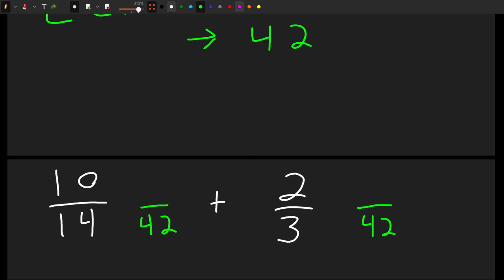Well, this number is 3, so then 10 times 3 is 30. And then what number do I multiply 3 by to get to 42? And that's 14. And then 2 times 14 gets me to 28.